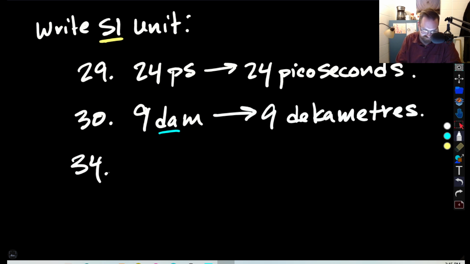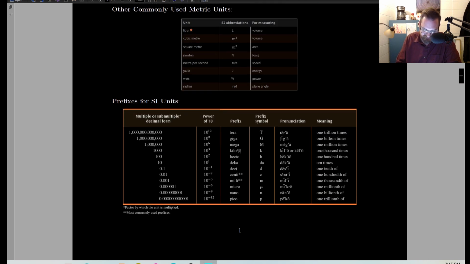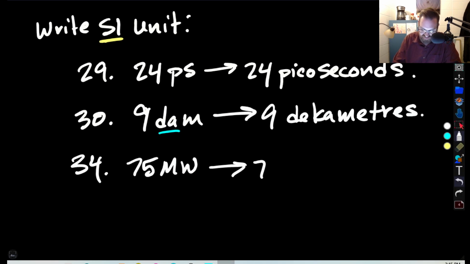34. If I have 75 MW, those of you who are in renewables will probably know what this one is. If you look, M is going to be mega. Okay, so 75 mega. And then the W is going to deal with watts.